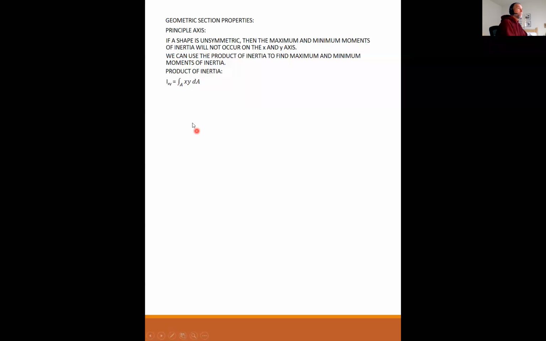Product of inertia is equal to this. Remember last time we talked about moment of inertia I about the x-axis, moment of inertia I about the y-axis. The product of inertia is about both axes. So it's labeled Ixy and is the integral of the area x times y. If you remember from last time, moment of inertia about the y is x squared.